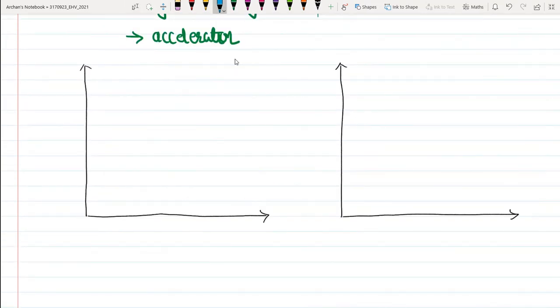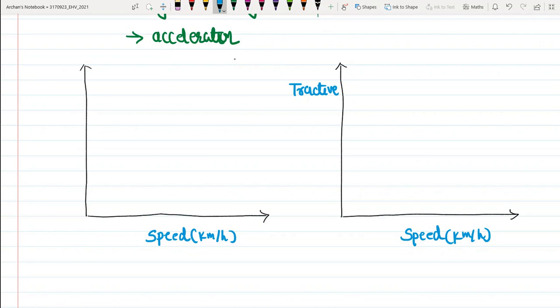Here I will consider speed in kilometer per hour, and for the electric motor also it is speed in kilometer per hour, and here we will use tractive effort. The characteristics are very well known to you.